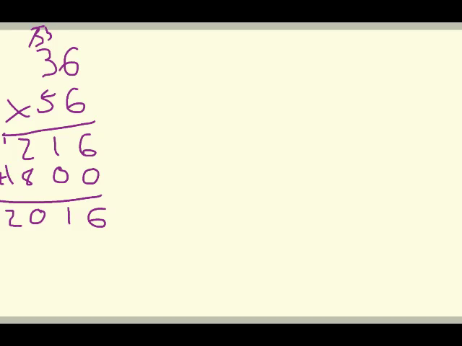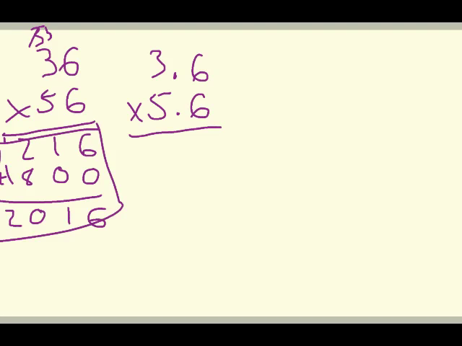Now, let's look at 3.6 and 5.6. All the math is going to end up being exactly the same, because I can pretty much ignore the decimals, right? So I get to 2016, but what I mean in the jingle by count how many decimal places come after the decimal point is all of these. There's one number here and one number here that are after those decimal points.